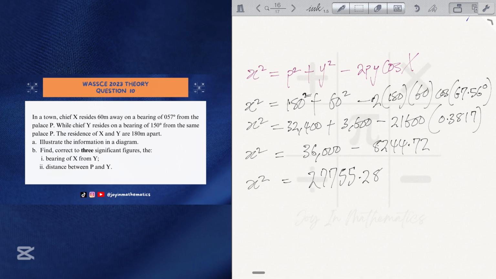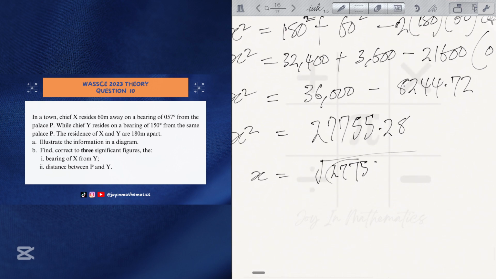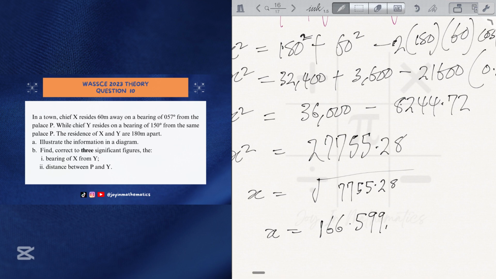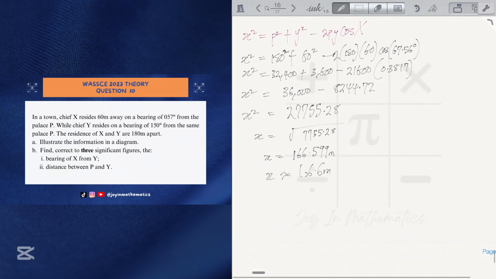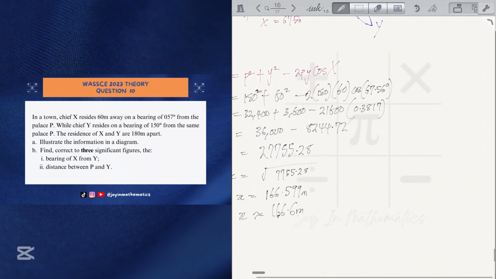So we can find x by taking the square root of 27755.28, and we have x to be equal to 166.599 meters. So we can approximate x to give us 166.6 meters.